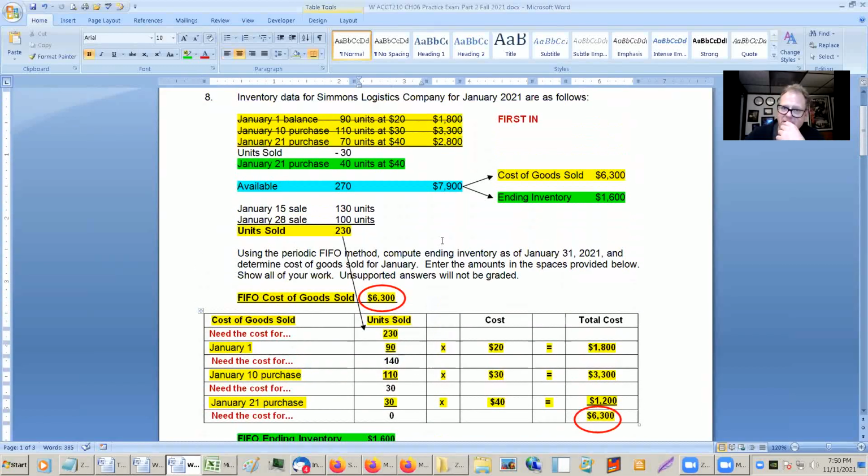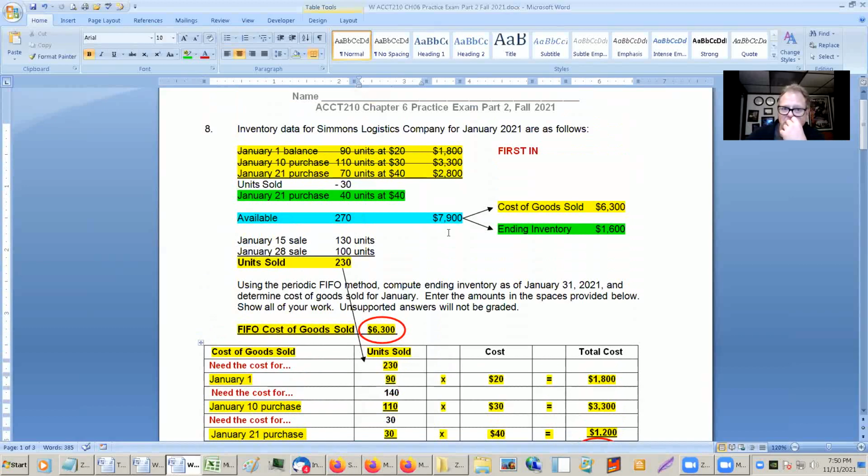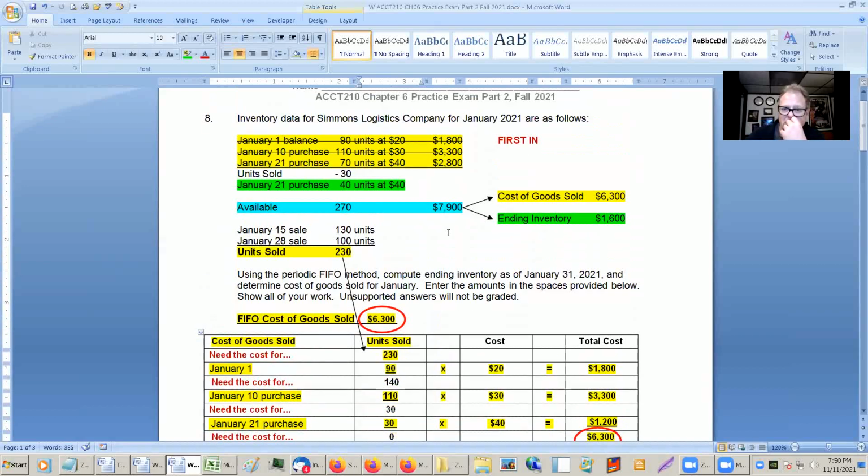So these are the first ones in. Those are the first ones sold. And this is how virtually all business works. The first one in is the first one sold. And sometimes it would be impossible to have it otherwise.